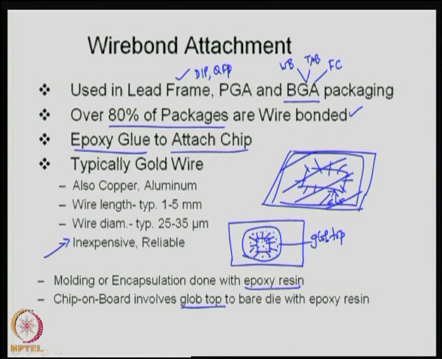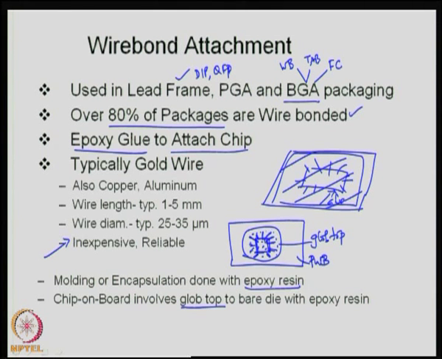So, if you look at the chip on board activity, what basically can be done is, if you have a printed wiring board and then you have the die placed here, and the bond pads are present on the die, and the bond pads on the substrate will establish the first level interconnects.